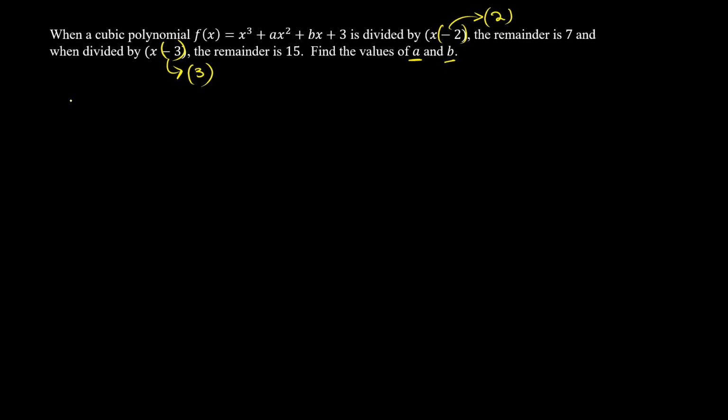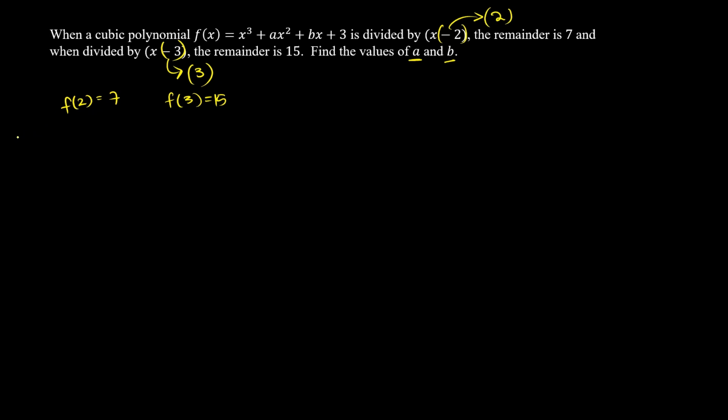So we know that f of positive 2 is equal to 7. And also f of positive 3 is equal to 15. So we can go ahead and do some substitutions and figure out our two equations.